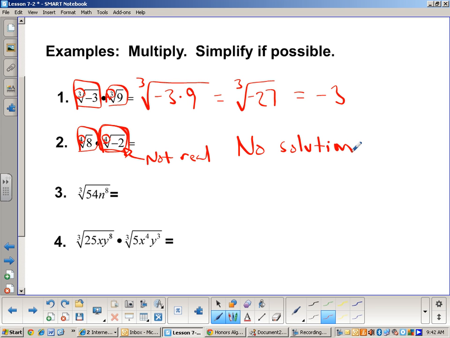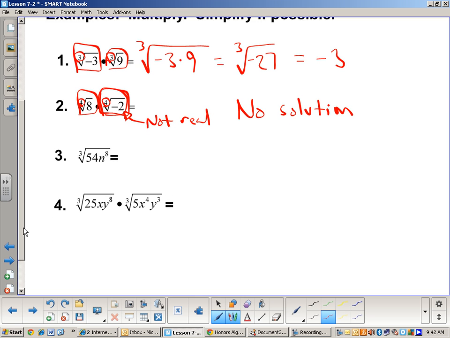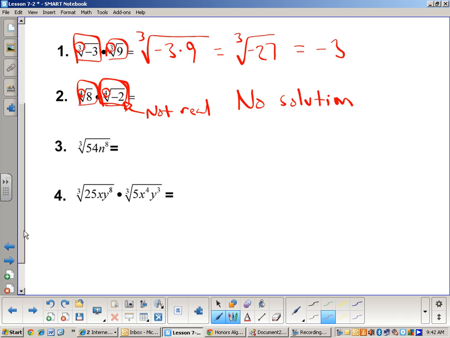Okay, number 3, we're going to look at this going the other way. We want to simplify. There's nothing to multiply here. It's already multiplied. We just want to simplify. And so I'm going to break this down this way. 54 times n8.